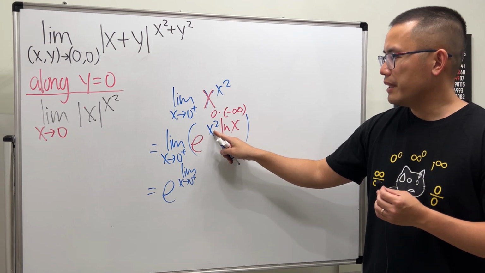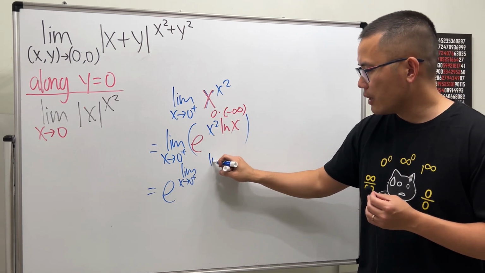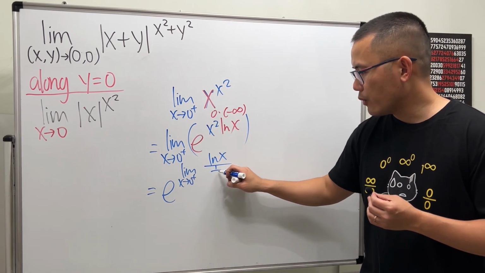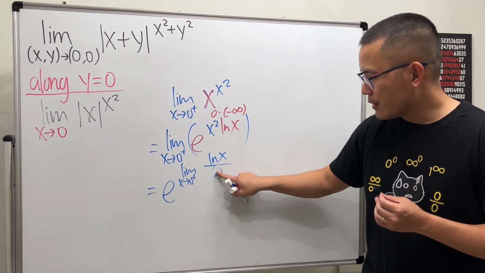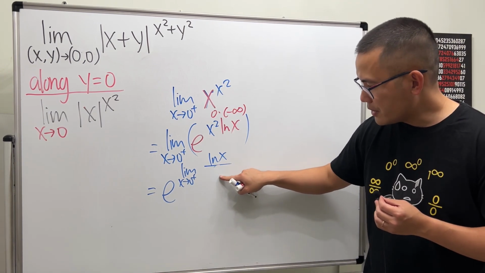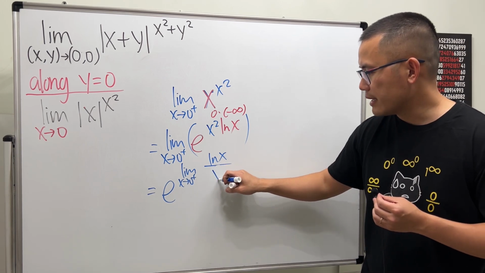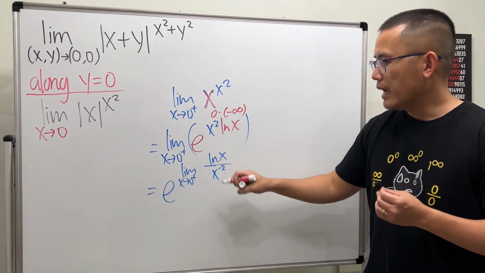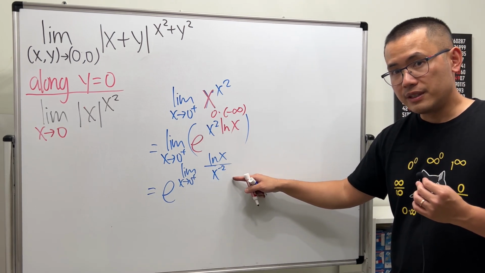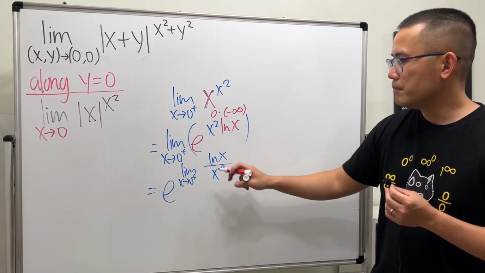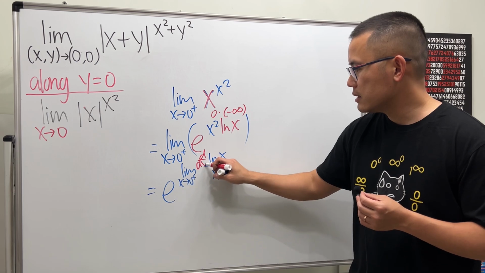I'm going to bring the x squared down, so we get ln x over 1 over x squared. For convenience in taking the derivative, I'm going to write that as x to the negative 2. And then right here, we get negative infinity over infinity, still an indeterminate form, but we can use L'Hopital's rule.